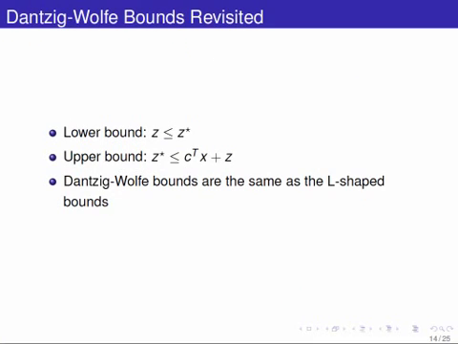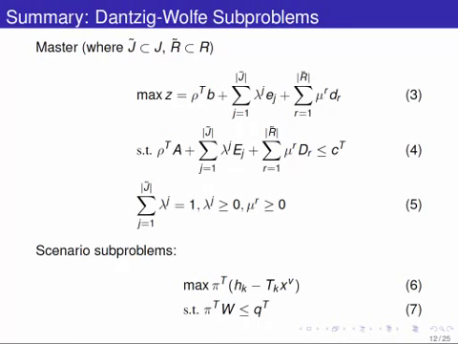Okay, let's think of the bounds. How would you get a bound with these LPs here in your code if you were applying Dantzig-Wolfe? This master, is it an upper or a lower bound?